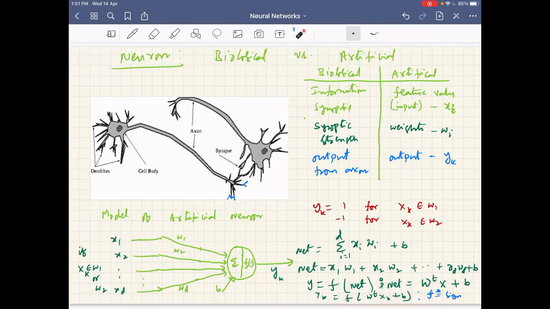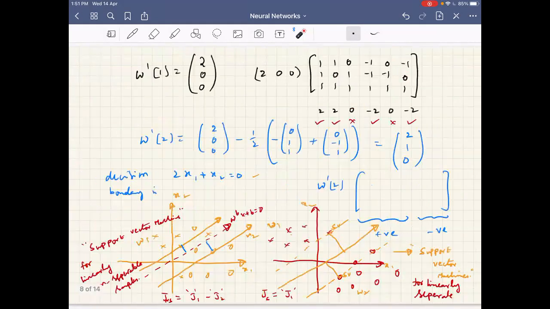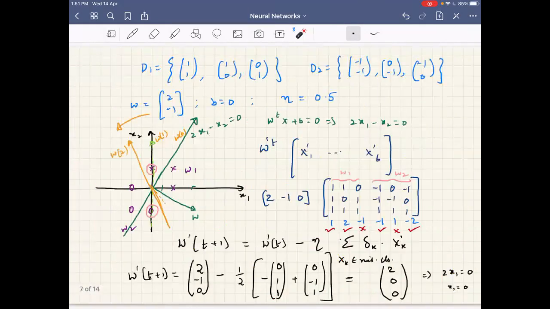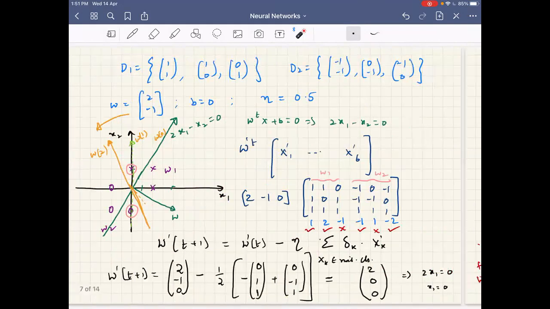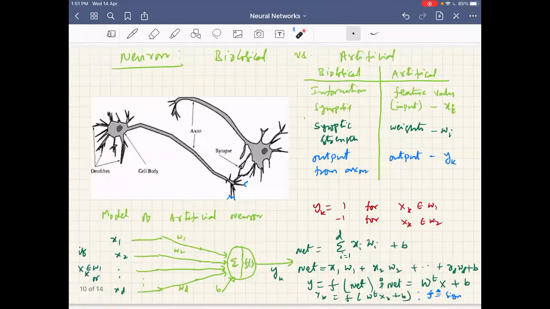We also noted that if we consider f as a sign or threshold kind of function, then what a linear perceptron is doing, putting samples on one side of the decision boundary in one class and the other side in the other class, is exactly the same as what this model of neuron is depicting. So a simple model of neuron is the same as a linear perceptron, and the learning we discussed for the linear perceptron is essentially the basic algorithm for learning a neuron.